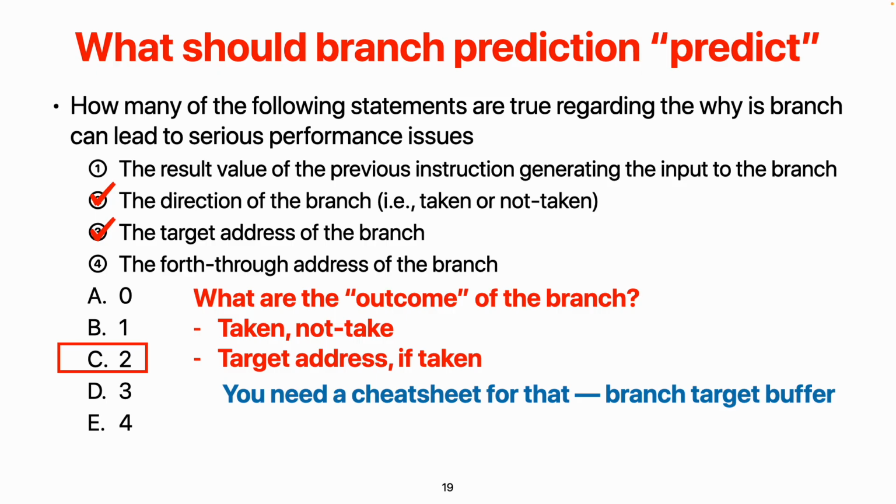So what that means is that this address only needs to be calculated once, and that location should be good throughout the whole program runtime. So the easiest thing to do is to keep a cheat sheet in the processor somewhere to keep track of the branch target addresses that we have visited. And the only thing that we really need to use some wisdom to predict is taken or not taken.